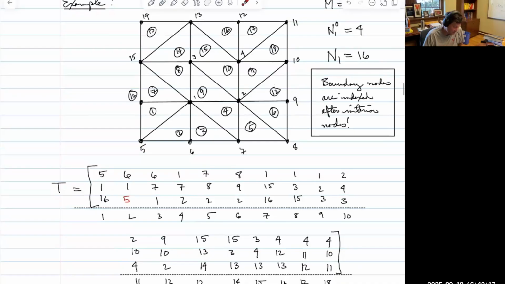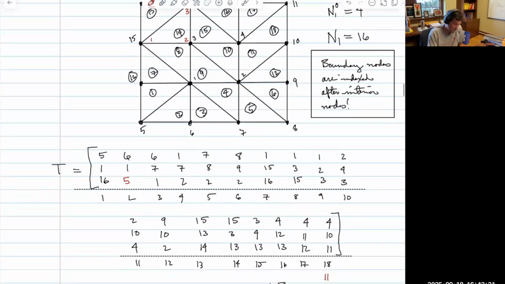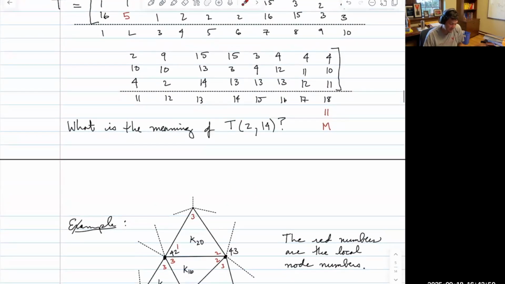So triangle 14, yeah, that's right here, right? So the local degree of freedom here is 1, this is 2, and that guy's 3. So it should be 15, 3, 13. Did I get it right? 15, 3, 13. That's exactly what is the meaning there. For triangle 14, local degree of freedom 1 is 15. Local degree of freedom 2 is 3, and local degree of freedom 3 is 13. That's what all that information means.